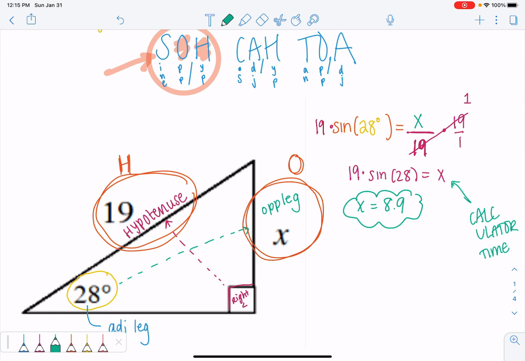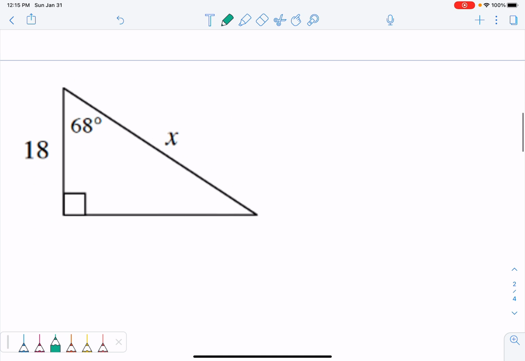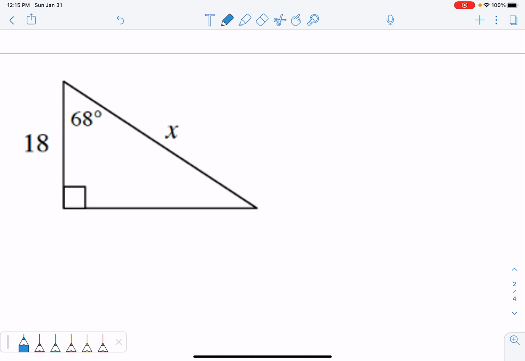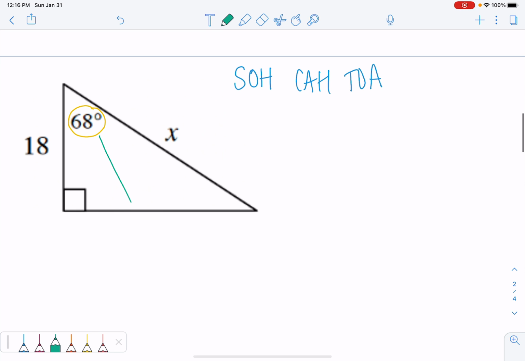Let's see a couple more examples. First thing, let's write SOH CAH TOA, and then we'll label. Here's our theta. Across from theta is our opposite leg.